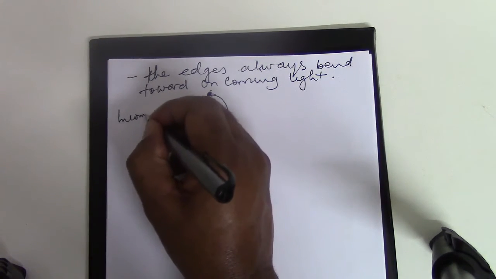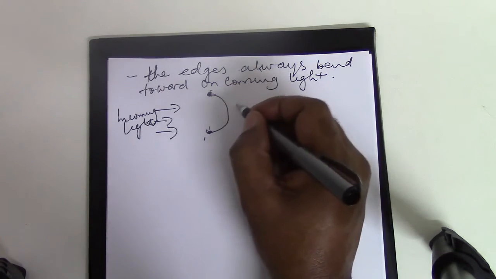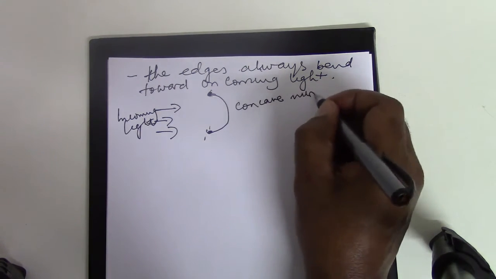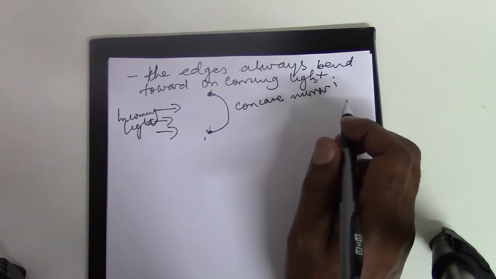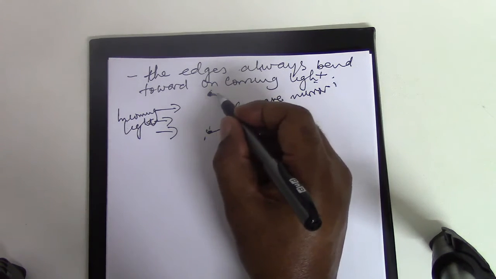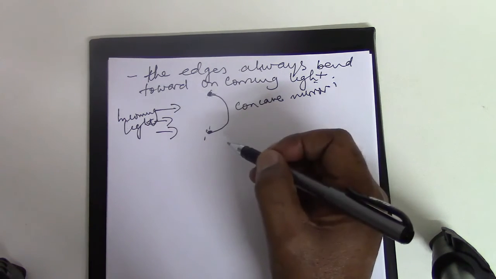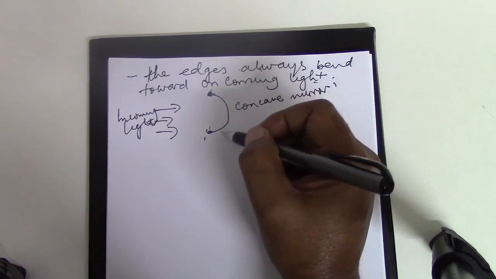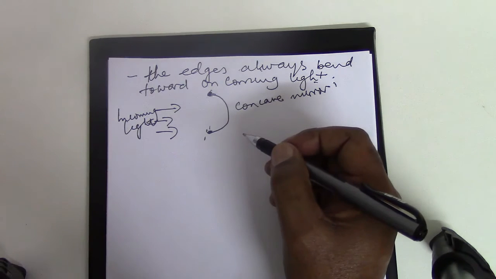This is incoming light. So this is a concave mirror. Right. And check. The reflective surface is also towards the incoming light, and the non-reflective surface is away from the incoming light.